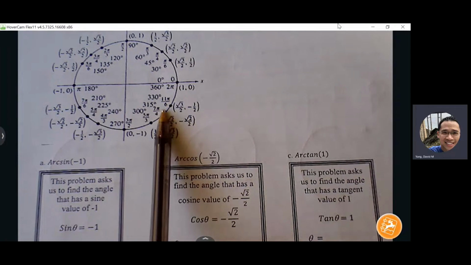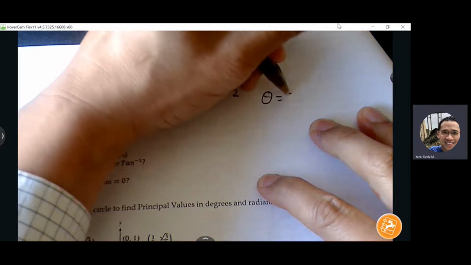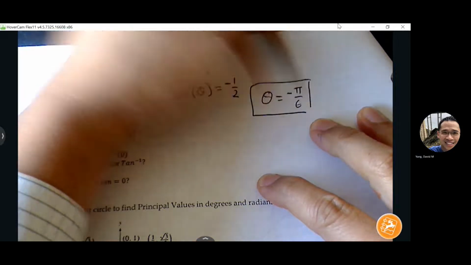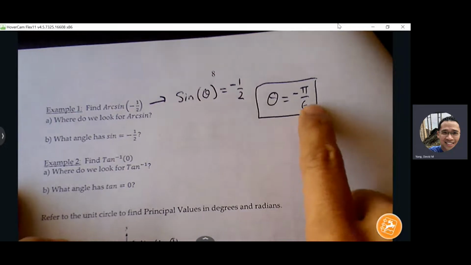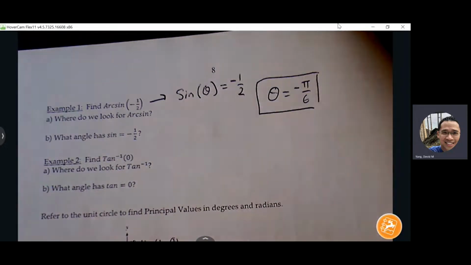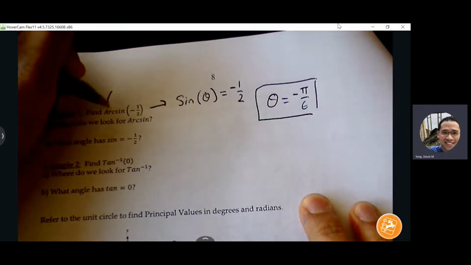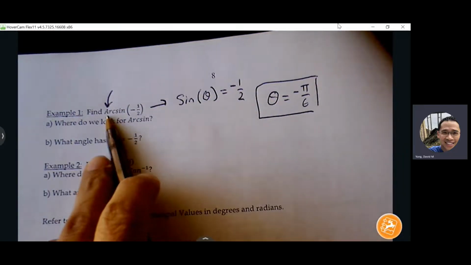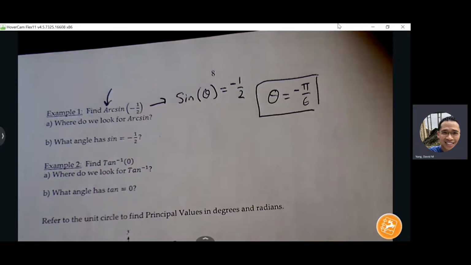Okay, so fourth quadrant, where is sine going to be -1/2? 11 pi over 6, but we have to adjust it, right? Instead of saying 11 pi over 6, we're going to say negative pi over 6 because of our restriction of our domain. So theta is equal to negative pi over 6. And the reason that we know to say negative pi over 6 instead of 11 pi over 6, or 7 pi over 6 in the third quadrant, because it's also negative in the third quadrant, is because of this uppercase A. That uppercase A indicates that we're talking about restricted principal values.